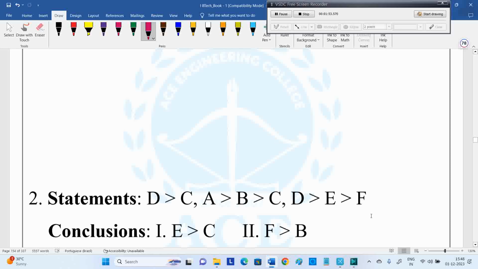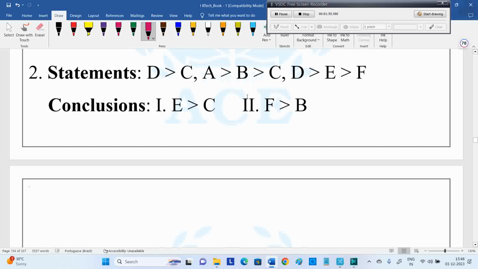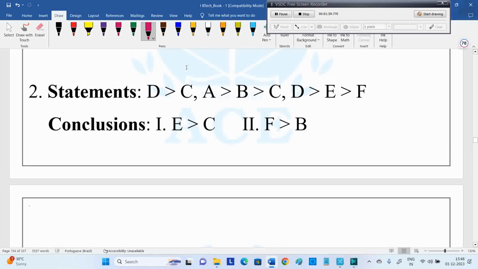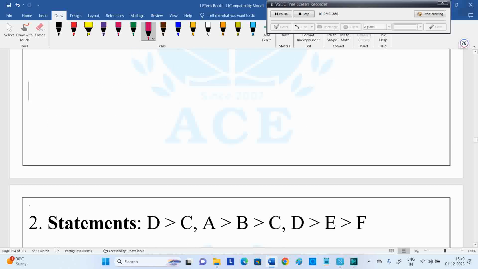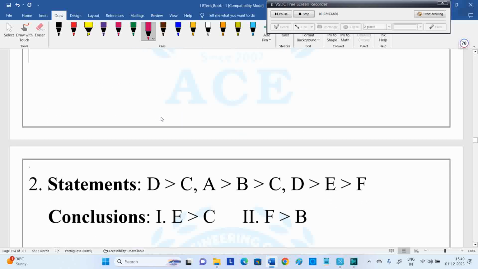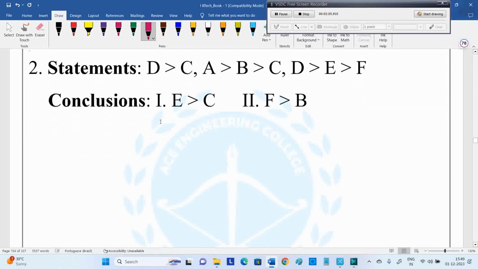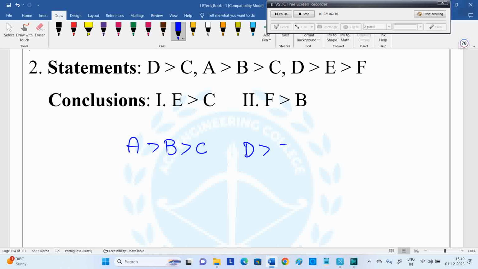See the next question. Now, one important task if you want to apply that shortcut method 2. Method 1 is drawing the diagrams, but when you have more variables, drawing a diagram is not suggested. The other method is you need to bring it into a single equation. Here A is greater than B is greater than C, and you have D greater than E greater than F. You need to club these two.